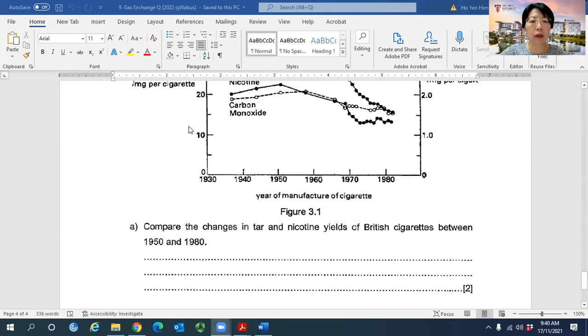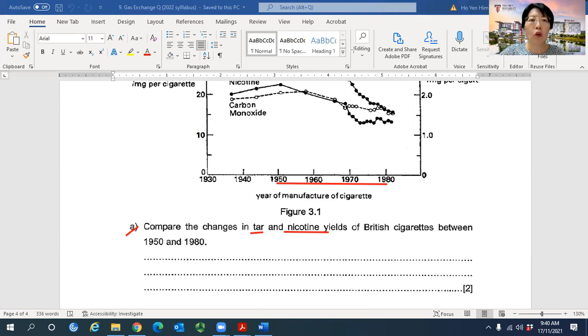Okay, so let's look at the question. Compare changes in the tar and nicotine yields of British cigarettes between 1950 and 1980. So first, you need to know exactly where you need to describe. It's 1950 to 1980 only. So don't describe any other parts of the graph. And only describe tar and nicotine yields.